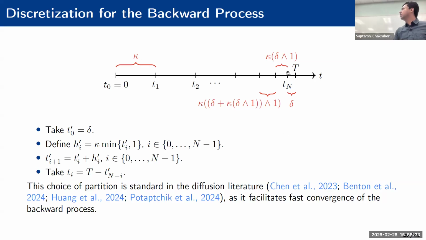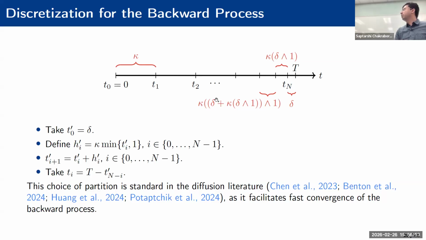The discretized time points are much closer together as you move towards 0. This is actually the starting point for the reverse process. As you're very close to the Gaussian distribution, you don't need to discretize too much.